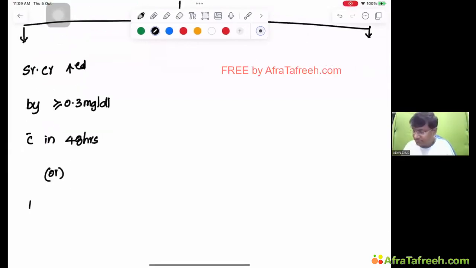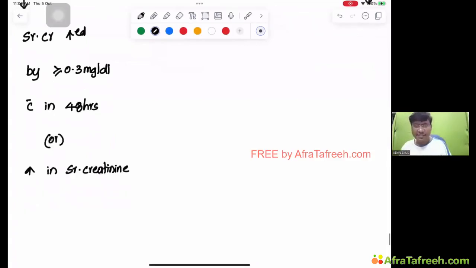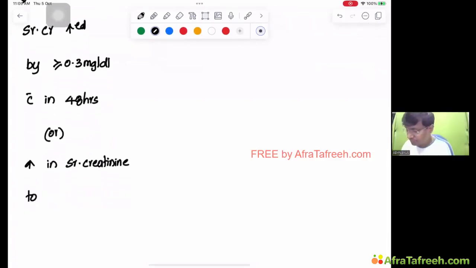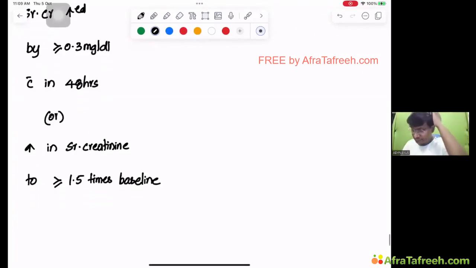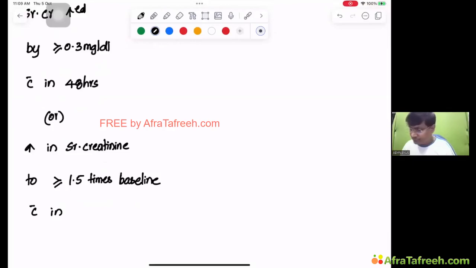there should be an increase in serum creatinine value to 1.5 times the baseline within 7 days.